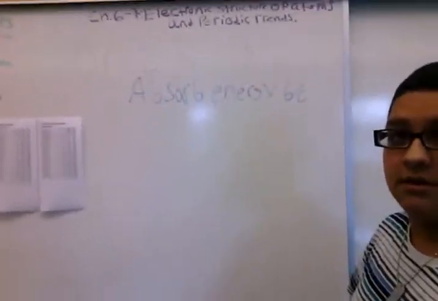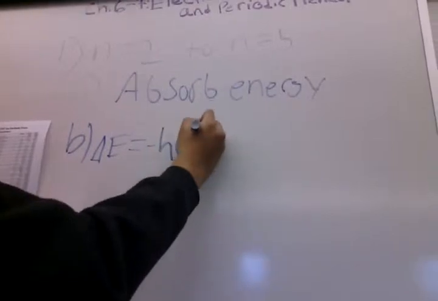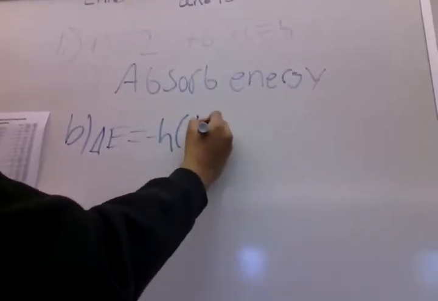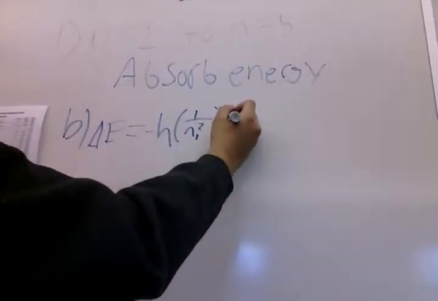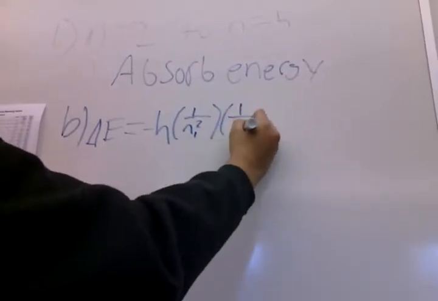Okay. So for the next step, what we had to find is the energy of the photon with the Bohr equation. The Bohr equation is delta E equals negative h times 1 over n1 squared minus 1 over n2 squared.